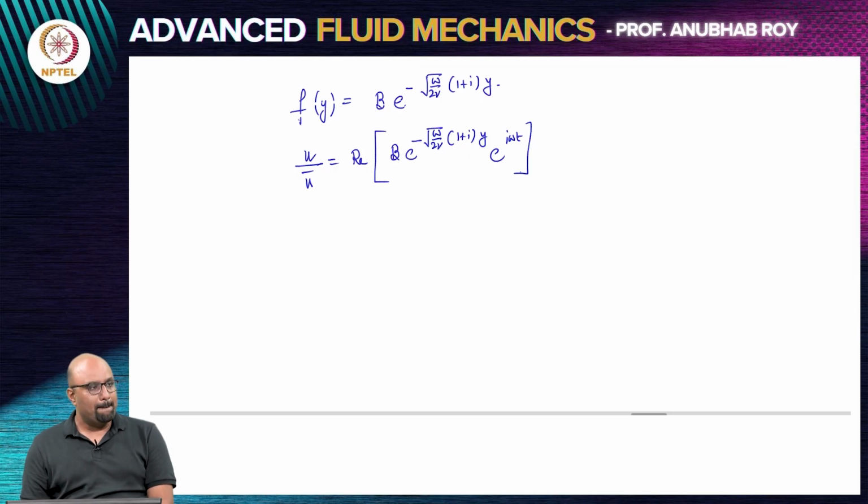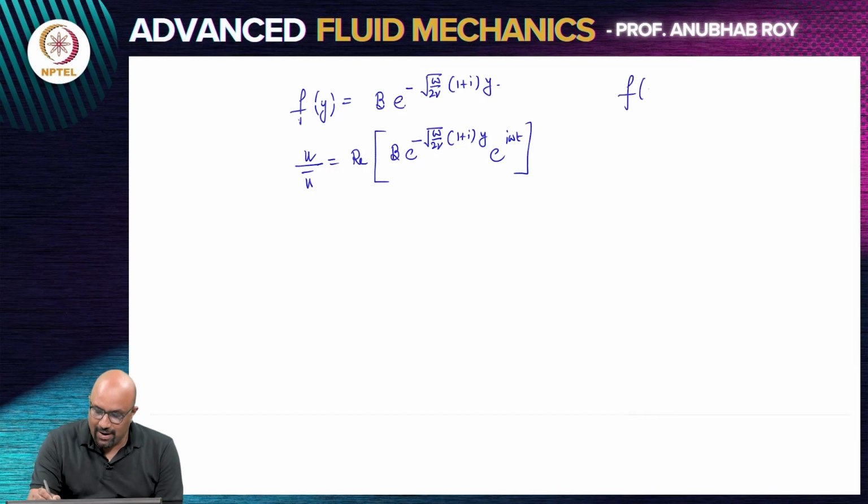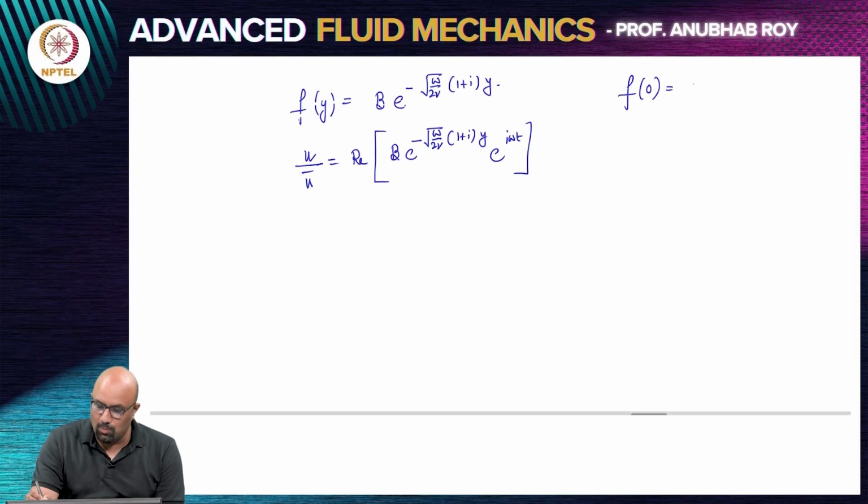Now, what should be b? F at y equals 0 is u bar.